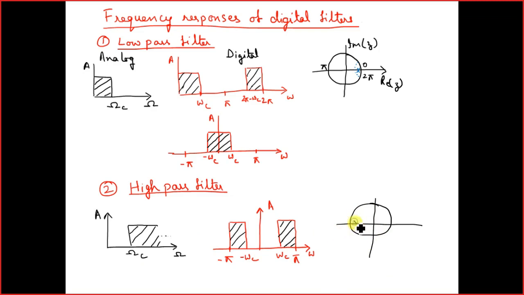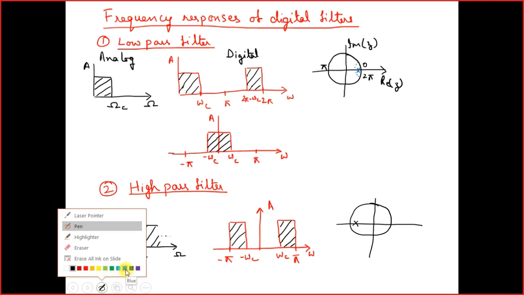So now let us talk about the pole which is present near pi. We have seen previously, when we place a pole near pi, here we have the Fm frequency, that means the maximum frequency, and it will allow the higher frequencies to pass through, right?